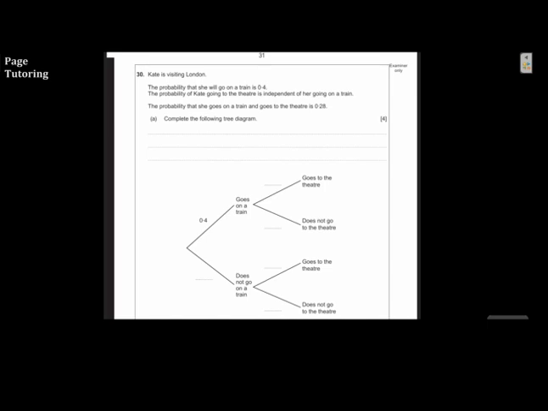So the probability that she goes on the train and goes to the theatre is 0.28. To get that 0.28, it would be the probability that she goes on the train times the probability of the theatre.